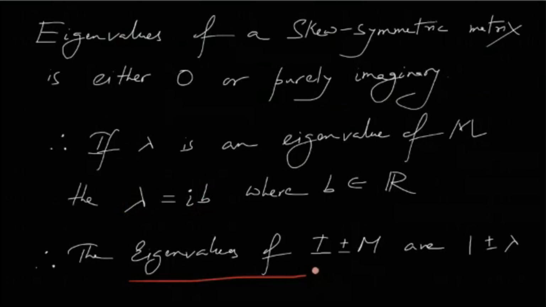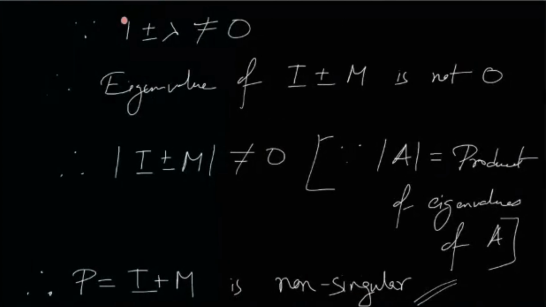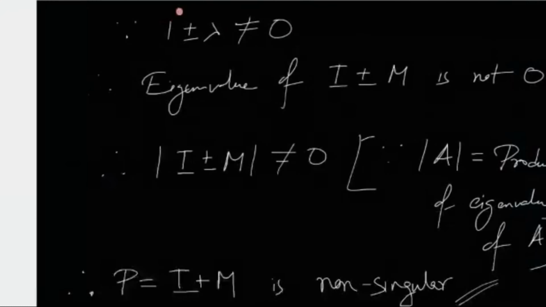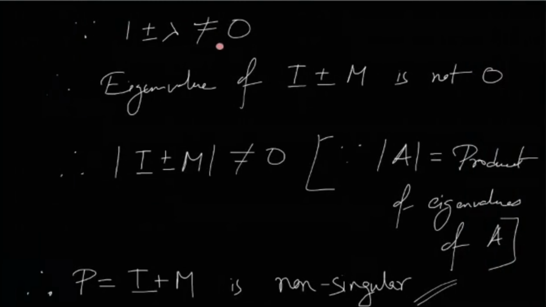Therefore the eigenvalues of I plus or minus M are nothing but 1 plus or minus lambda. Obviously, since lambda is of the form i b, 1 plus or minus lambda can never be equal to 0. Therefore the eigenvalue of I plus or minus M is not 0.